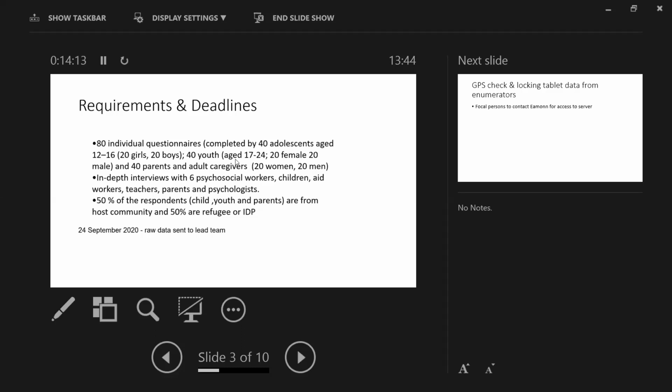We're looking for 80 questionnaires to be completed by 40 adolescents from 12 to 16 years and 40 youth from 17 to 24 years. And 50% or half of them have to be male and half of them have to be female.